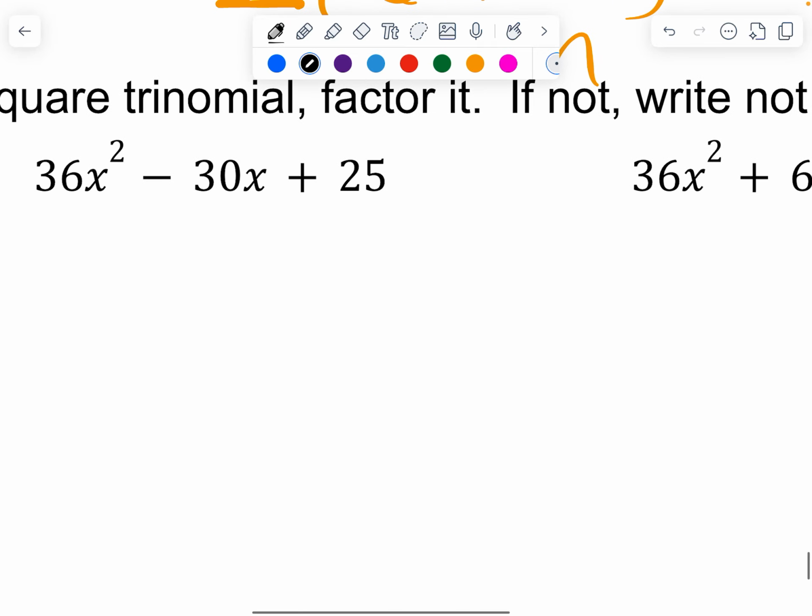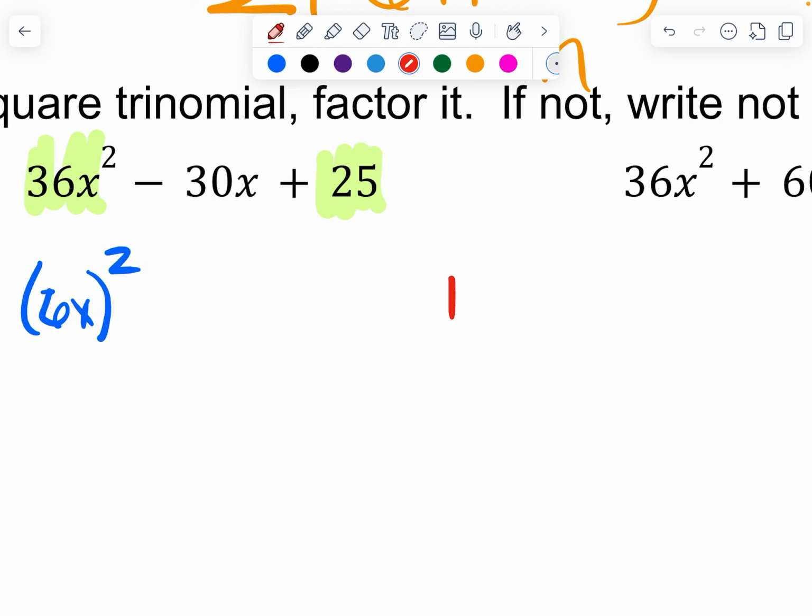Let's try it again. Is this a perfect square? Is this a perfect square? It sure is. So I'm going to write this as 6x all squared. I'm going to write this as plus 5 all squared. In the middle, I'm going to have plus 2 parentheses.